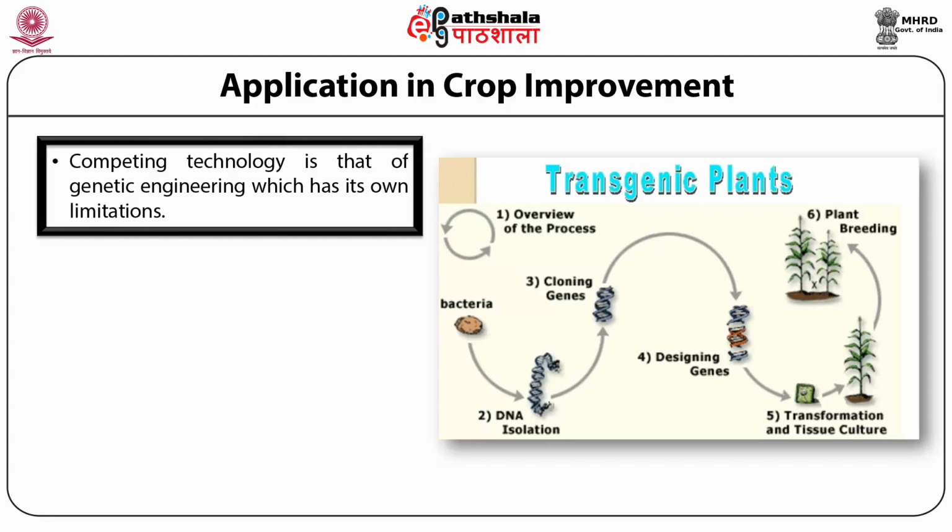And the beauty is that this becomes an integral part of the higher plant, and it divides, and it also gets transmitted to the next generation. So there also, a gene of any origin, plant origin, animal origin, bacterial origin, can be transformed into a plant.